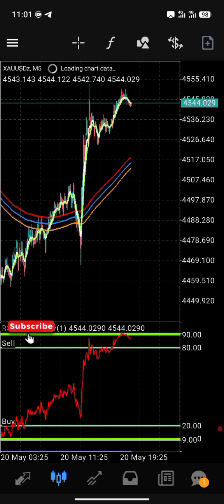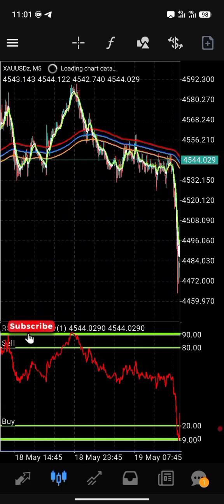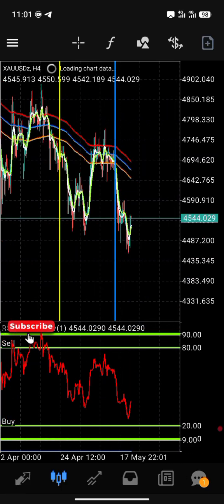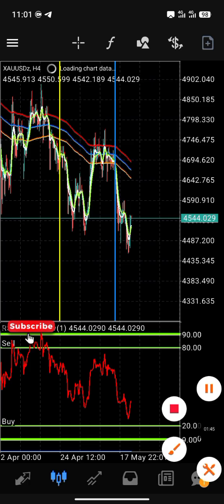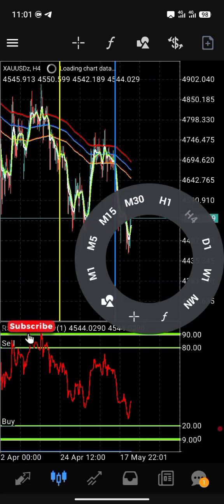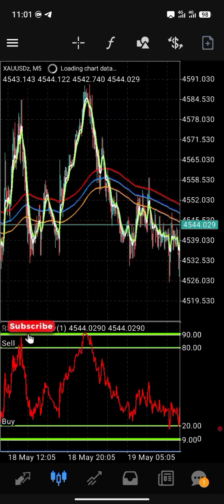So with that same demarcation, I saw price fall below the moving averages in the H4, and I could detect that this would be a downtrend. But in order for me to be certain, I have to fall back to the lower time frame.